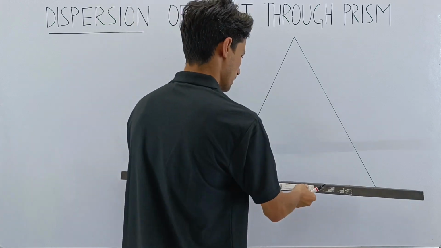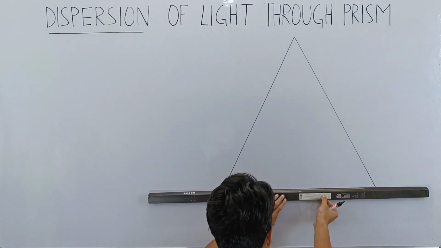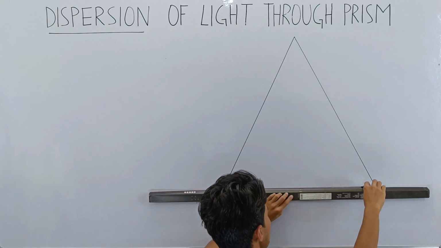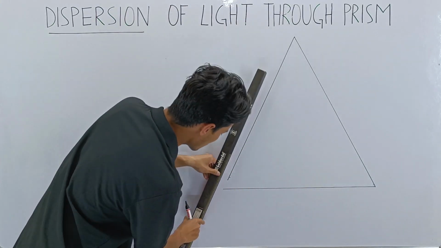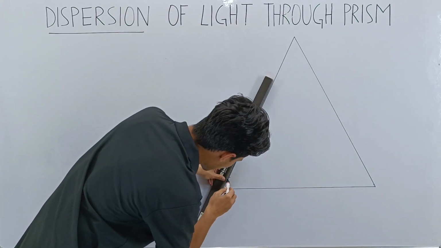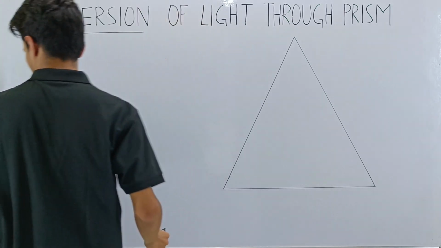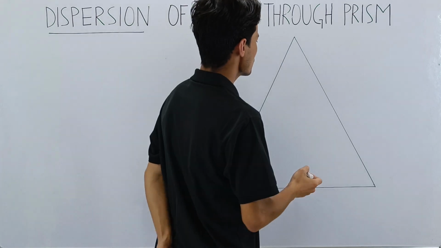Let me complete the base here. It has only touched the edge there. Let me bring this down and connect it to this one. Lovely. So this is a prism.